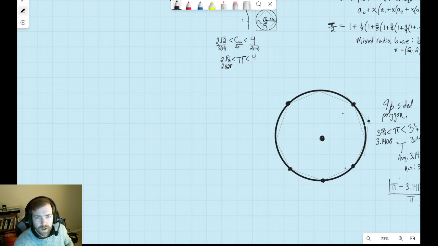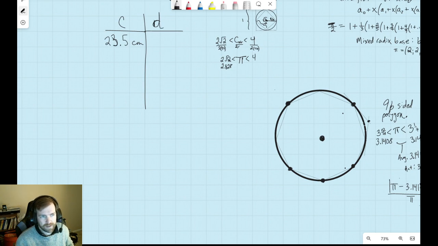Okay, now if I didn't just completely read the entirely incorrect thing. Alright, so this is going to be C and R. Or diameter is actually going to be easier for me, because then I don't have to figure out where the middle of this thing is.